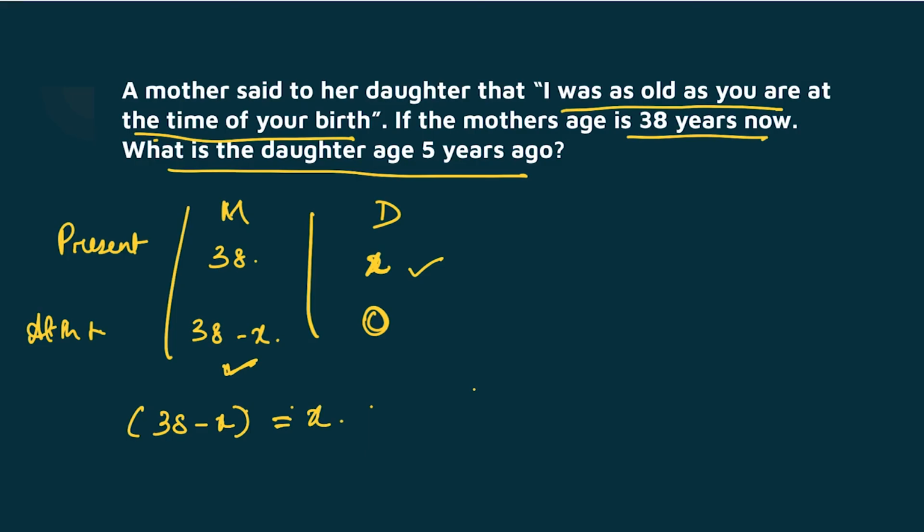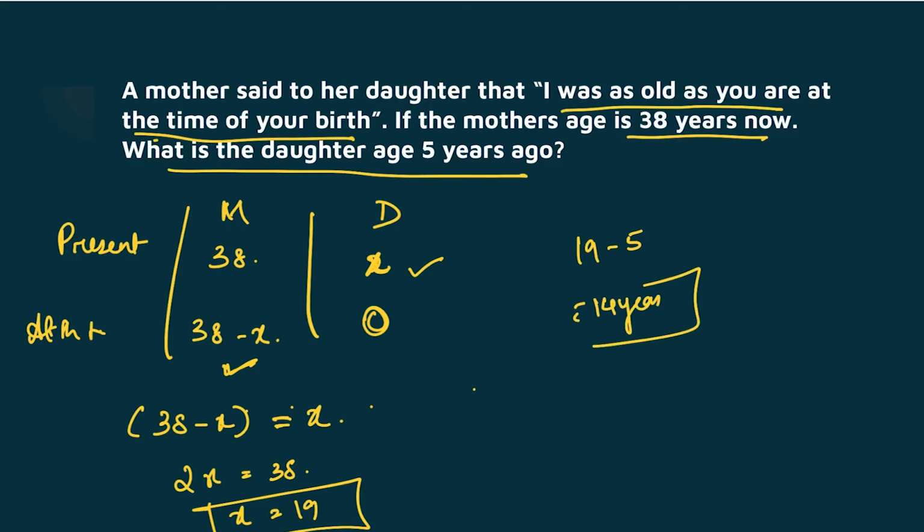Using this simple equation, just solve for x, we get 2x is equal to 38 and x is equal to 19. So x is the age of the daughter. They have asked what the daughter's age was 5 years ago. So you have to subtract 5 from the present age. We get 14 years. So the daughter's age 5 years ago was 14 years.